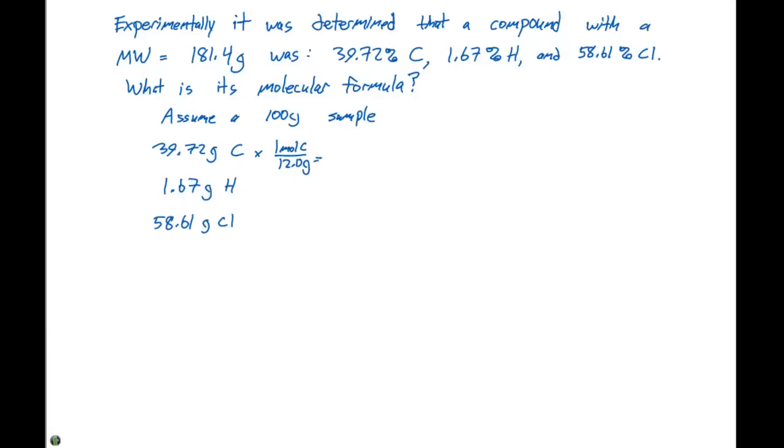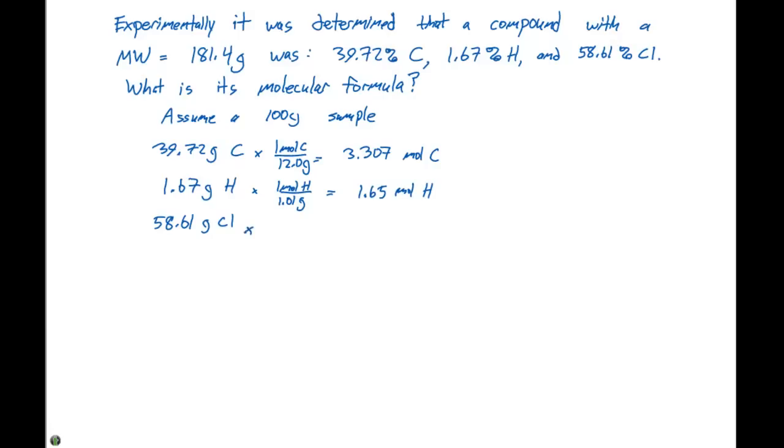So this is going to give us 3.307 moles of carbon. We have 1.67 grams of hydrogen. We need to convert that over to moles. For every 1 mole of hydrogen, we have 1.01 grams. This gives us 1.65 moles of hydrogen.